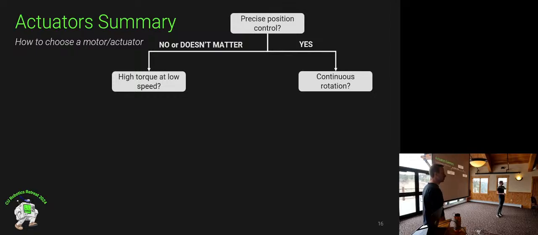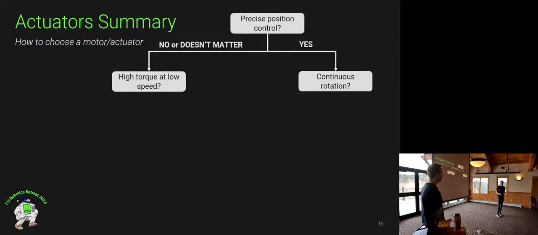I think of them as being pretty much the same thing. I would say a motor is a subset of actuators. A motor I think of as rotating. So a stepper motor, DC motor, AC motor, those are all motors, but they're also actuators.